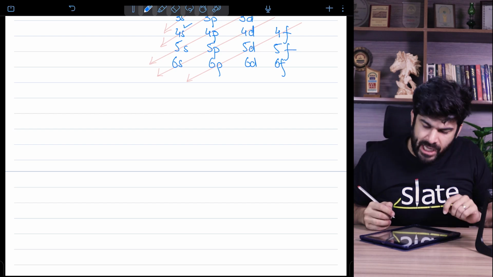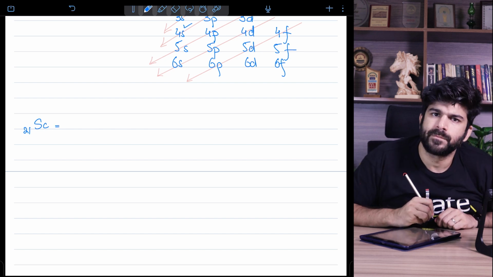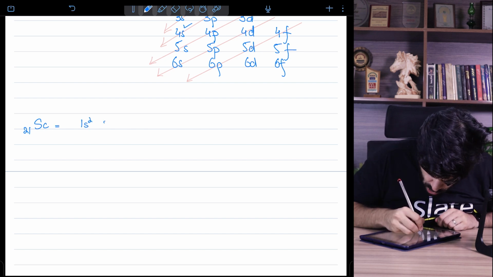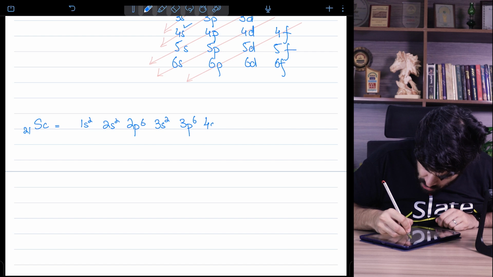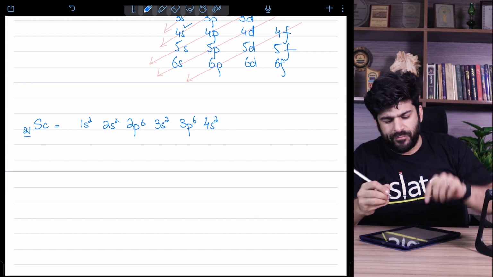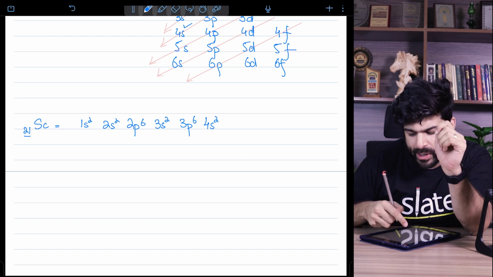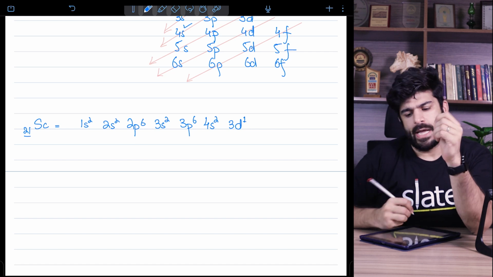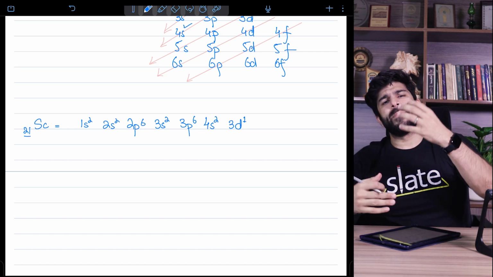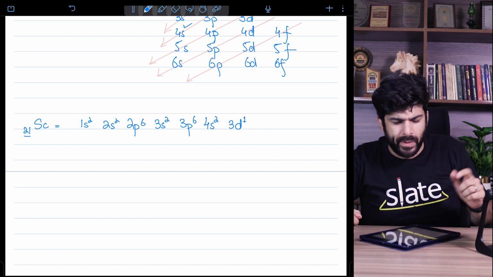The next element after calcium is scandium, Sc 21: 1s2, 2s2, 2p6, 3s2, 3p6, 4s2, and then after 4s2 we have one more electron left. If you count, these are 20. We have 21, so 3d1.